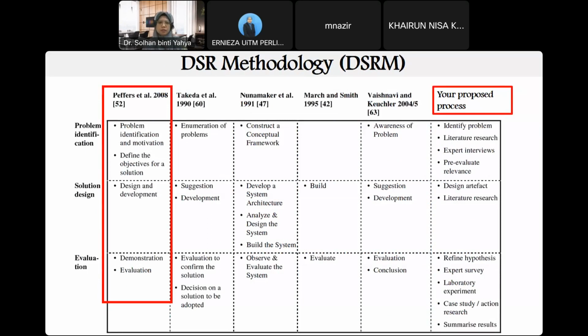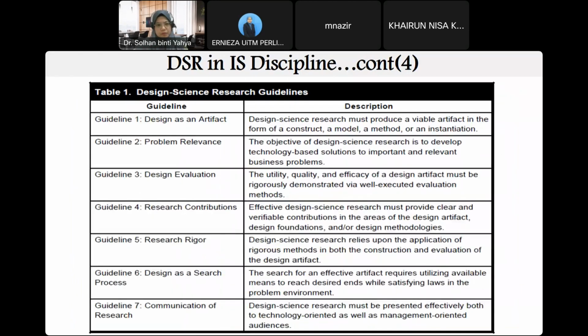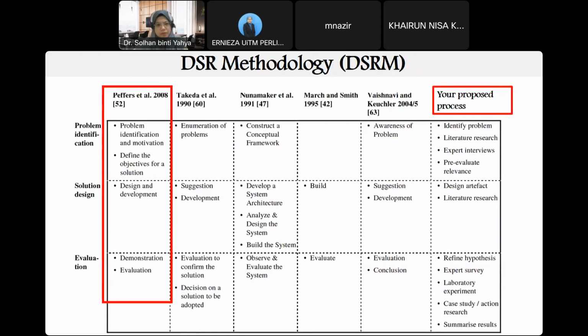So this is what you call the design science research methodology, or DSRM. DSRM is actually a process model published by researchers to help researchers conduct design science research.